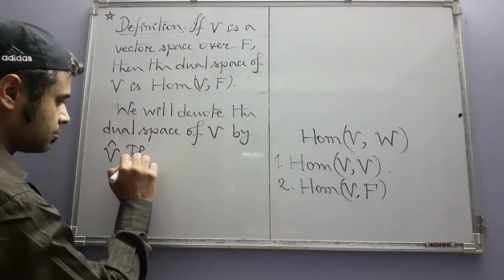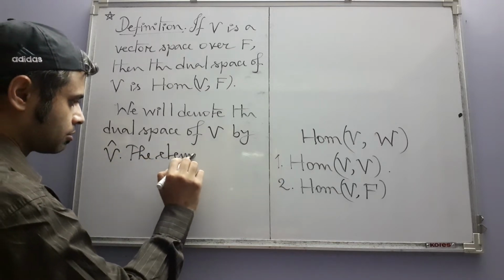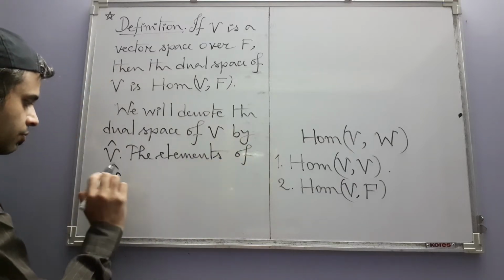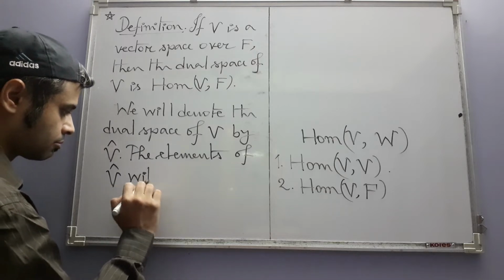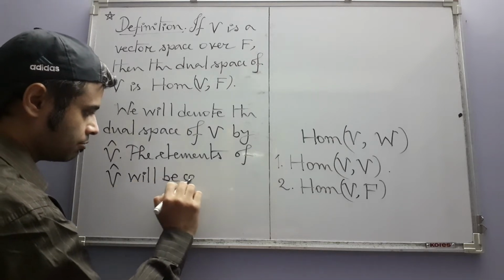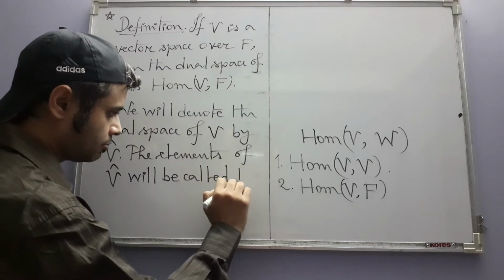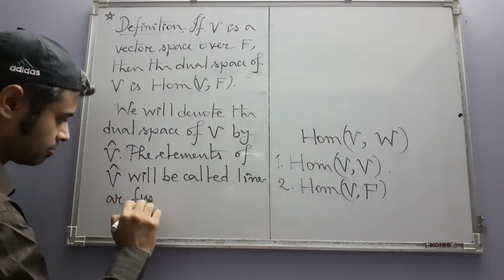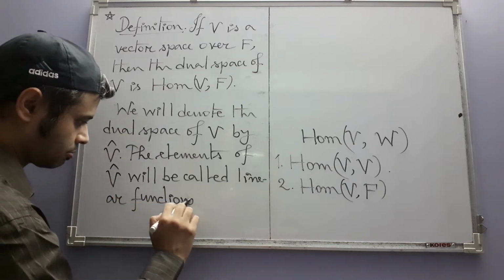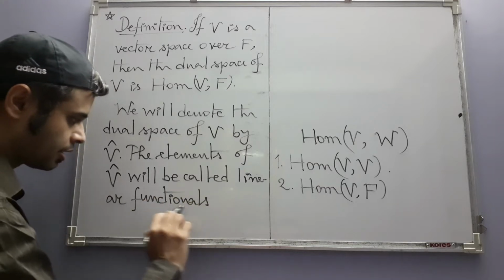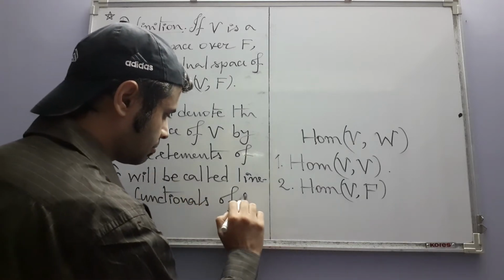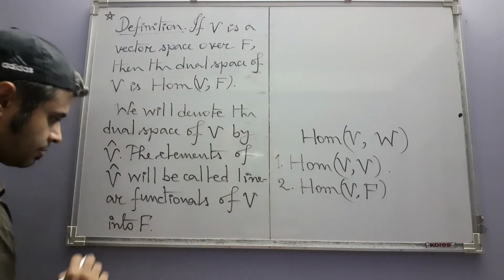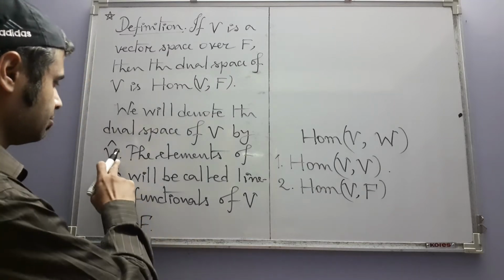The elements of V hat will be called linear functionals of V into F. Because if you think about it, what are the elements of V hat?